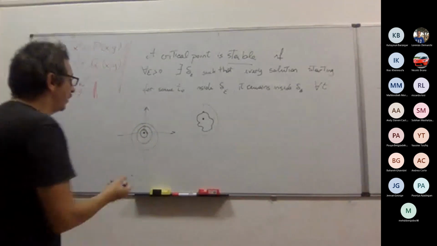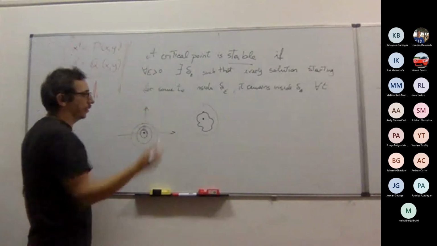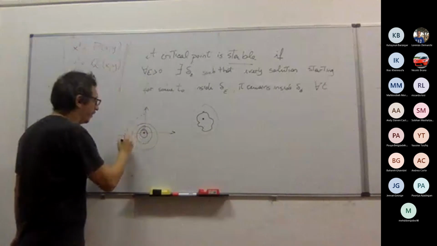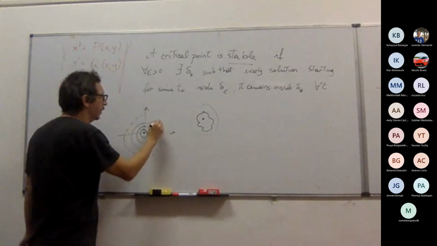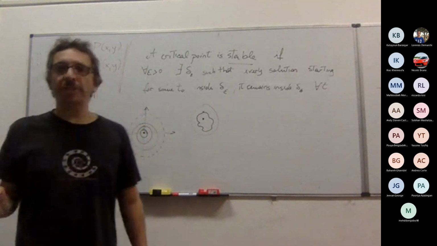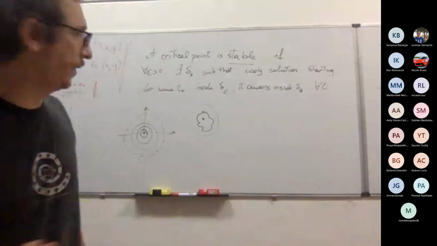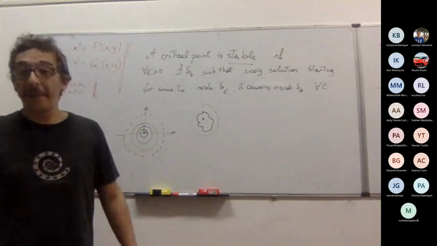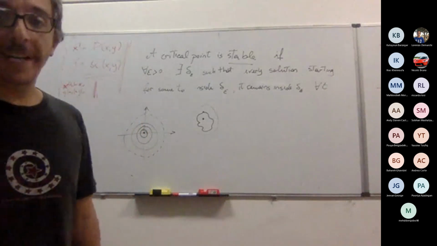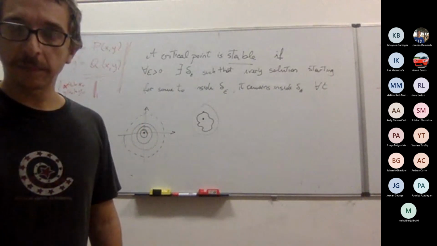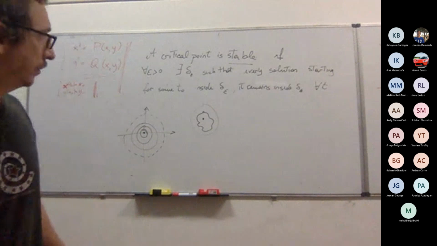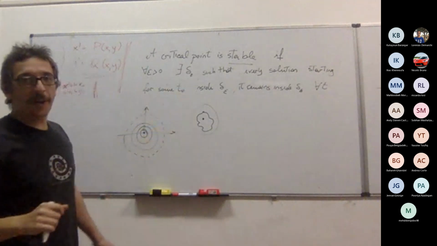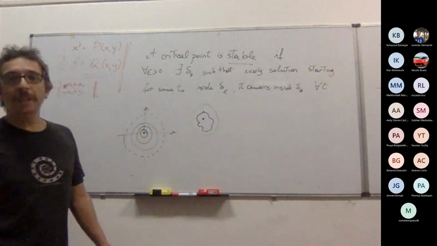As you can easily see, I can define some epsilon greater than 0 such that I have this region here, and every solution starting from a point inside this region remains inside the region for any t. This is the condition for the critical point to be stable.